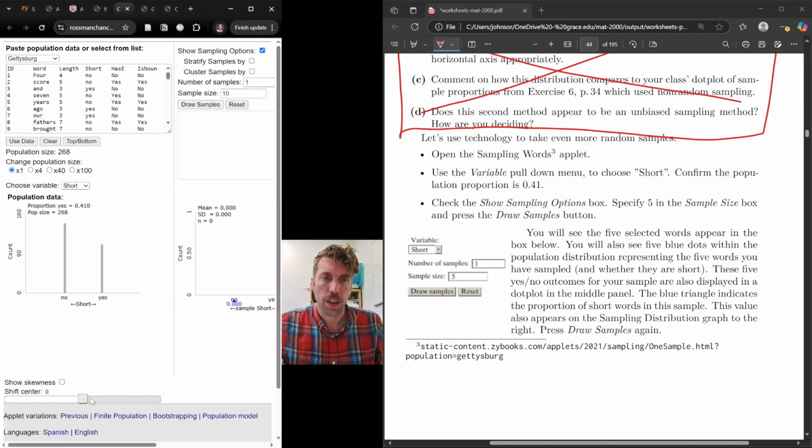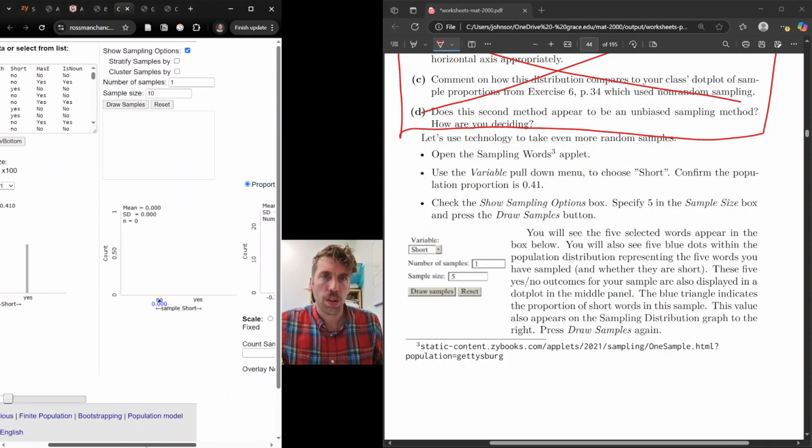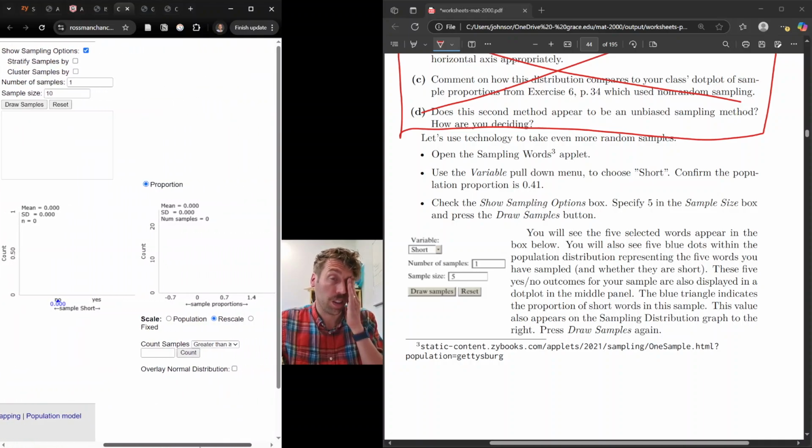And then specify the sample size to be 5, and number of samples 1, so draw samples.